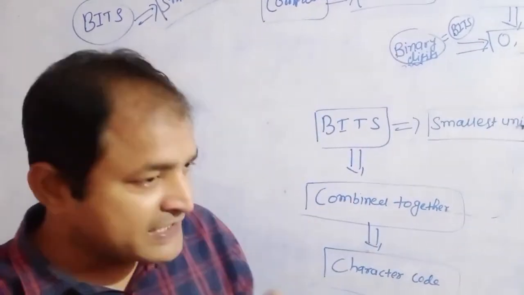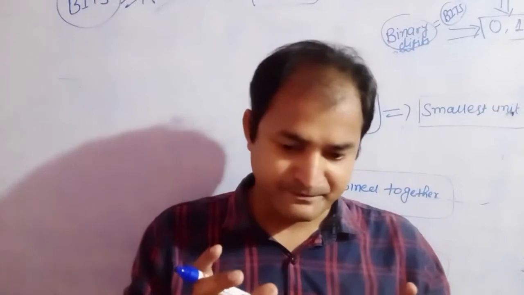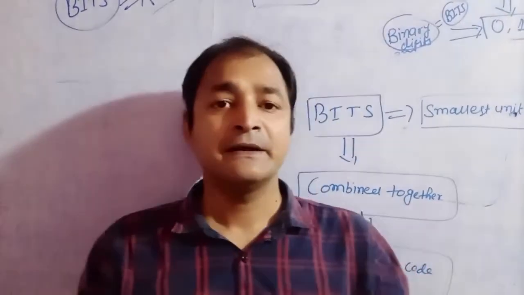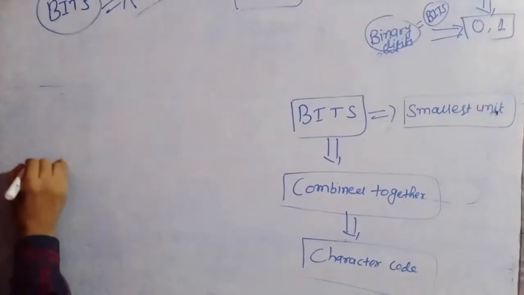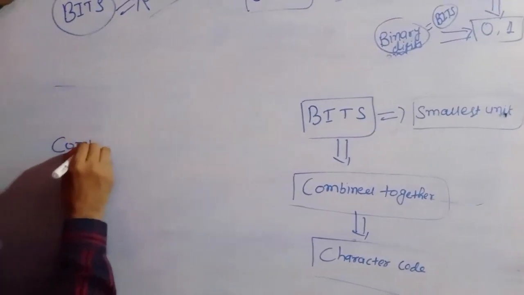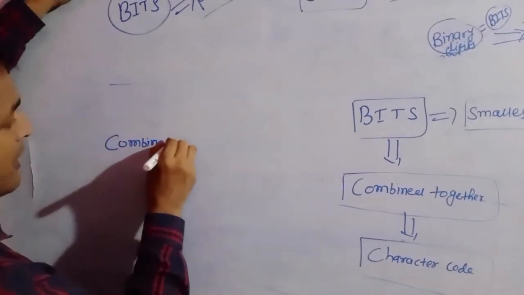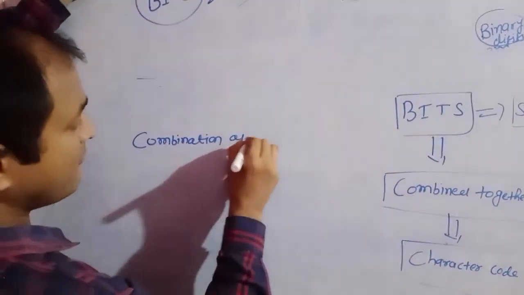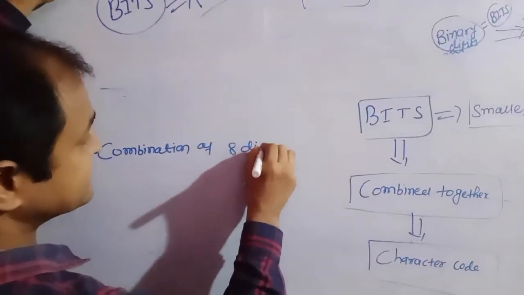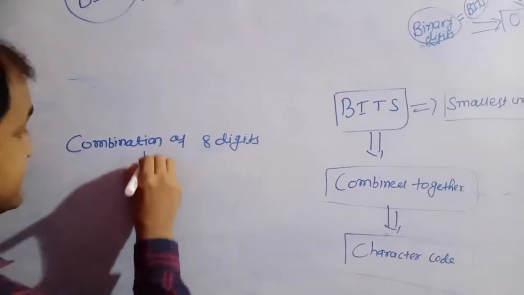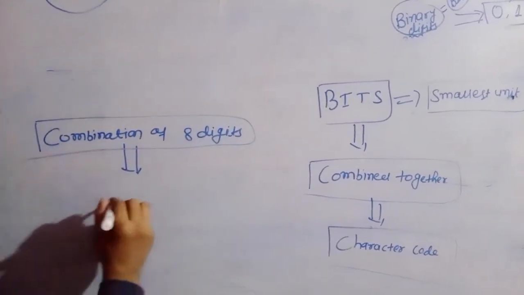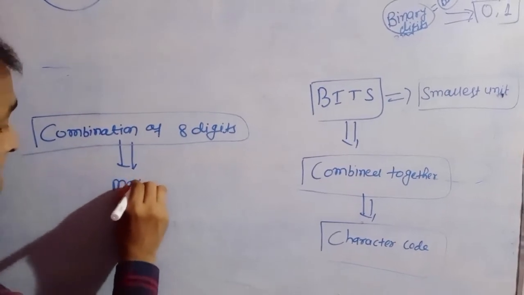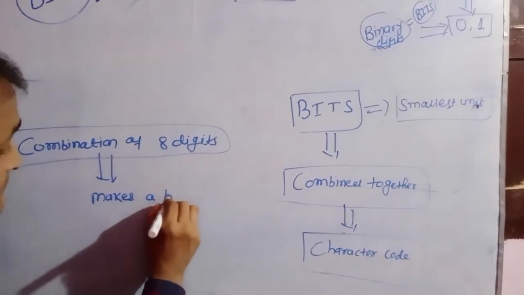My dear students, a combination of 8 digits makes a byte. Is every student clear? A combination of 8 digits makes a byte.